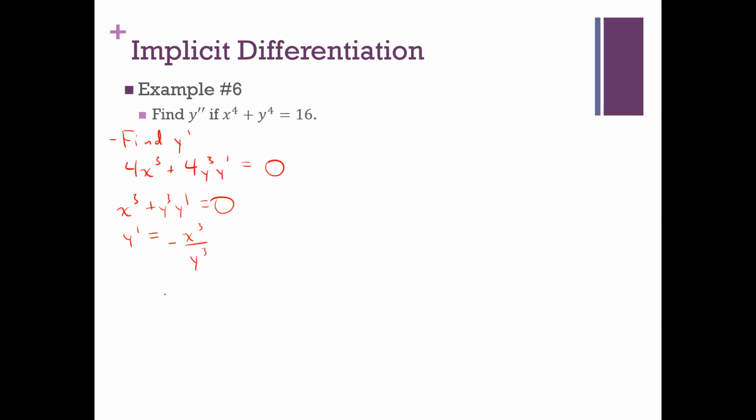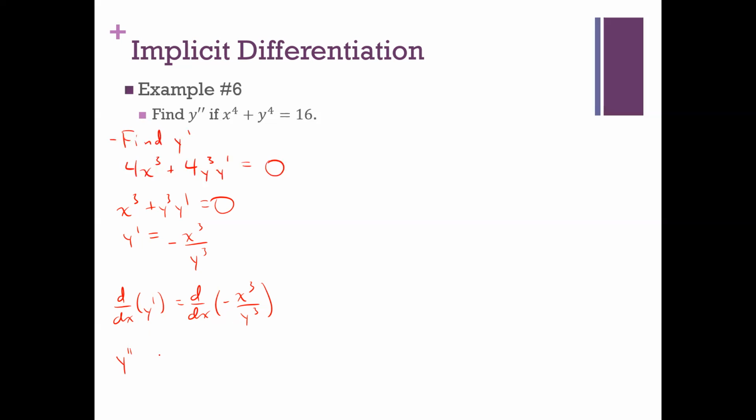In order to find y double prime, what would I do from there? Basically, I can just take the derivative of both sides again with respect to x. Left-hand side just becomes y double prime.